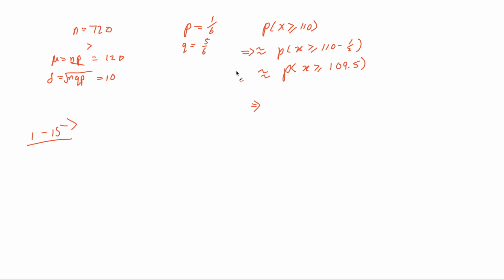And when the mean of success is greater than 5 and the mean of failure is also greater than 5, then you can use the approximation. You'll find it in your book on page 53. And if they're less than 5, then you don't use this part.